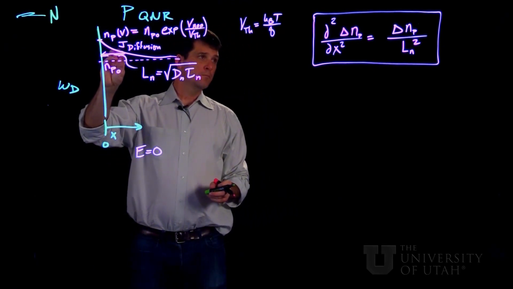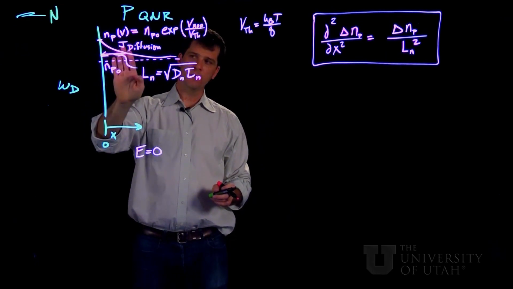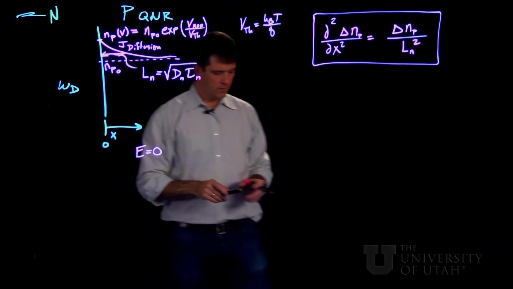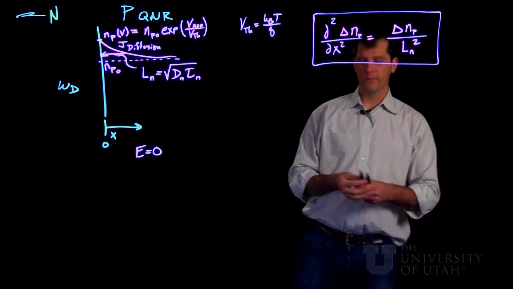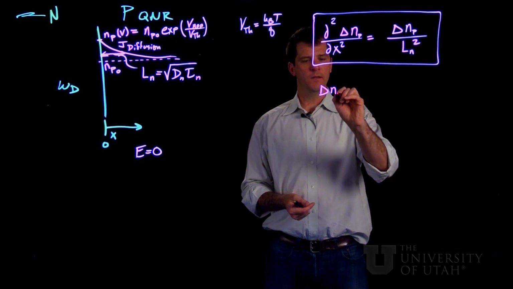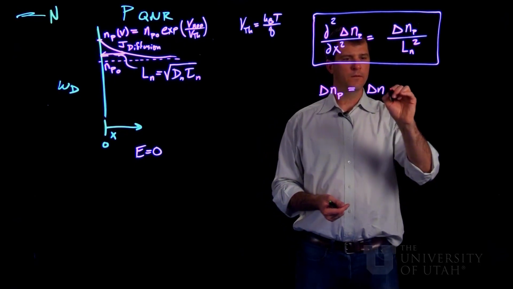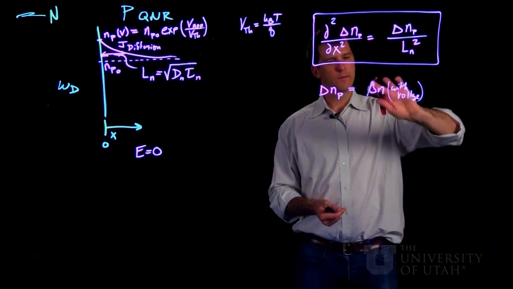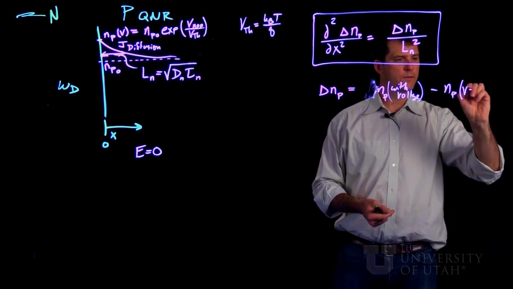So what we want to do now is figure out the actual current that's flowing because of this gradient in the minority carrier distribution. Okay, in order to do this, we have to express this delta n on the p-type side. So delta n on the p-type side is going to be n p with voltage minus n p at V equals 0.